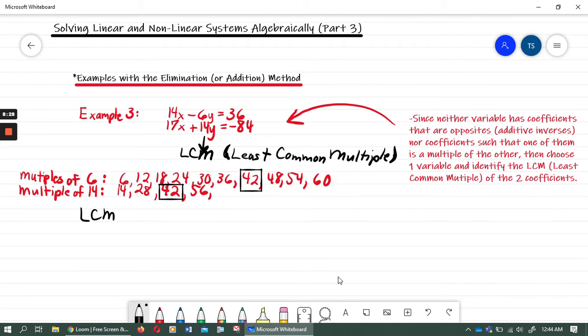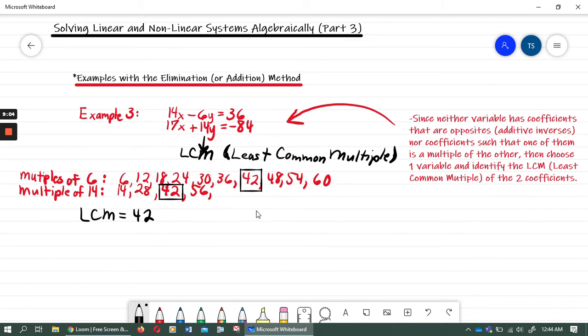The LCM is 42. So the way that we're going to use that least common multiple is to think about what we need to multiply each equation by in order for that 6 to become 42 and in order for that 14 to become 42.